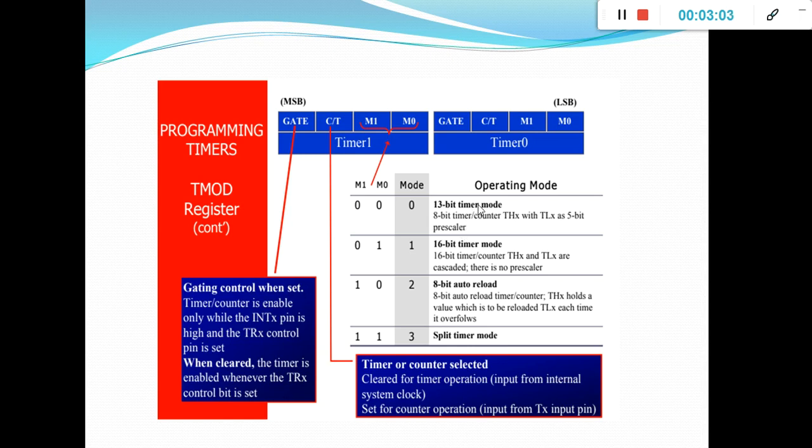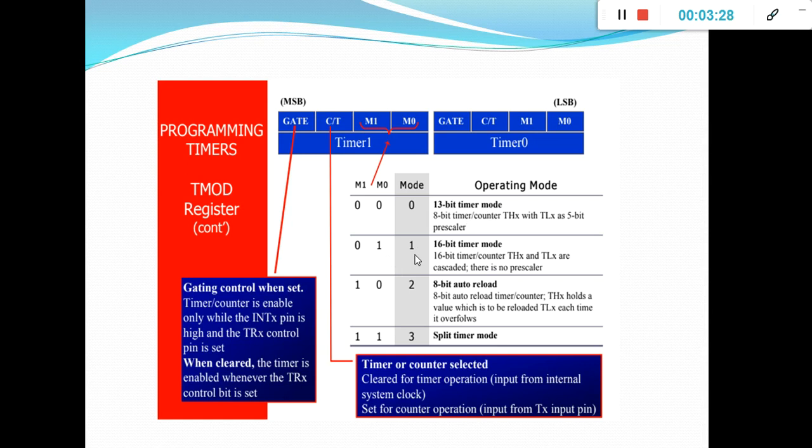But in the 8051, THX is a separate 8-bit register and TLX is a separate 8-bit register. So if you go for mode 0, both are 8 bits in total, and that's why you can't use mode 0 in the 8051. In some other microcontrollers you can make use of it.